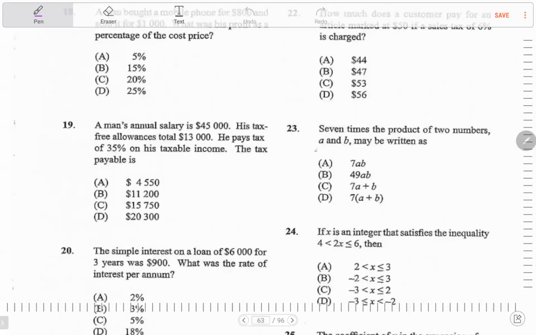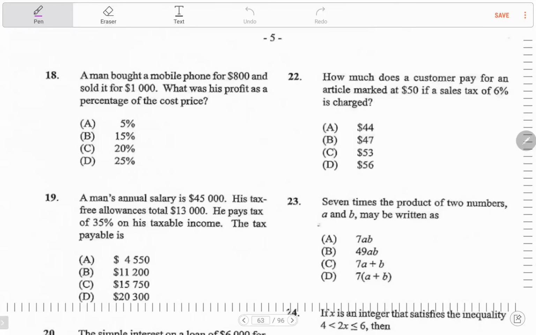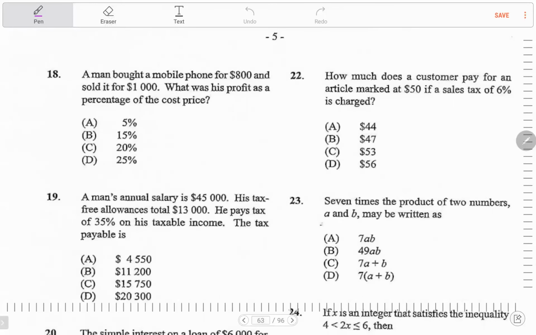That's number 18. A man bought a mobile phone for $800 and sold it for $1,000. What is his profit as a percentage of the cost? The profit is clearly $200, right? You do have to calculate that. And you have to calculate it as a percentage of the cost.